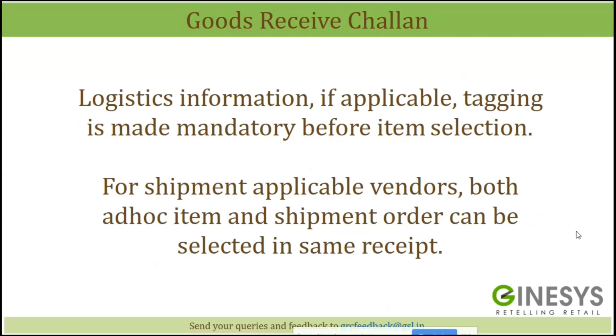But migrating this to web, what we have done is that if logistic is applicable for the vendor, selection of logistic is mandatory before item selection. If logistic is applied for the vendor, it has to be tagged in the logistic information block.